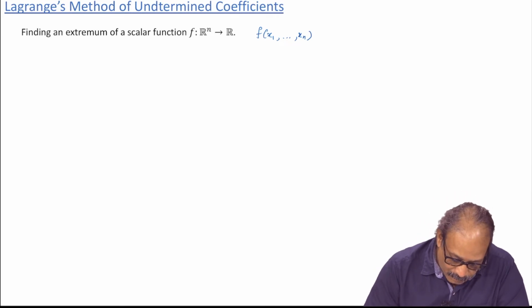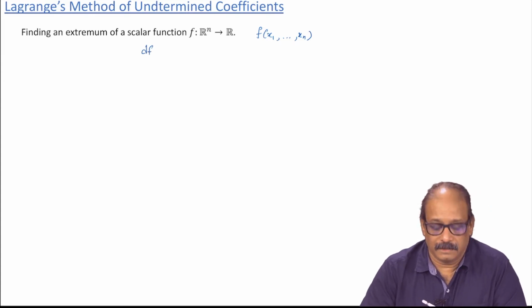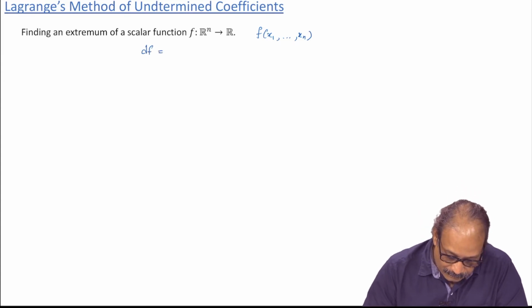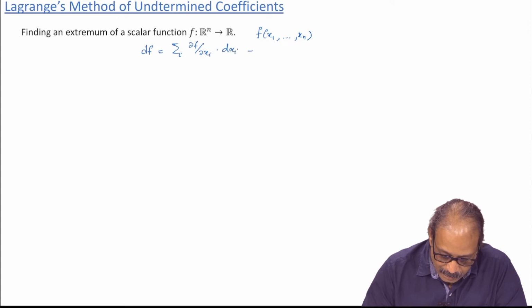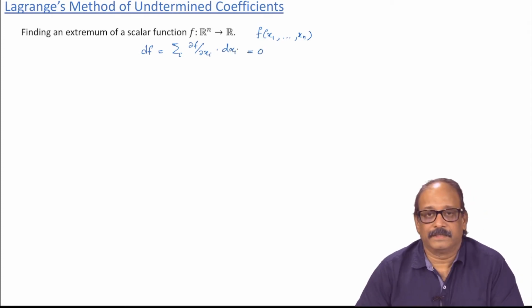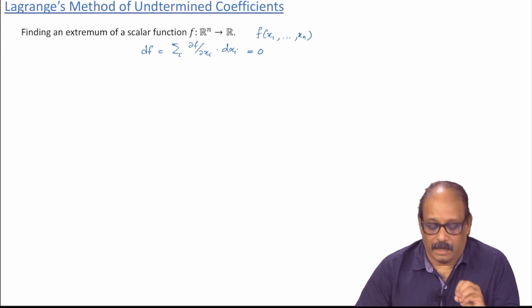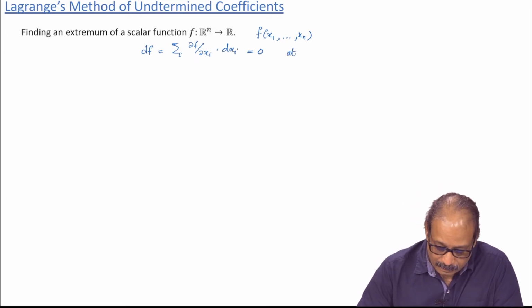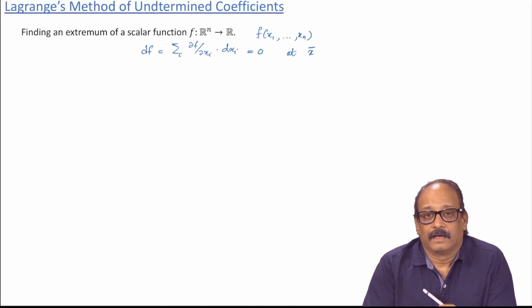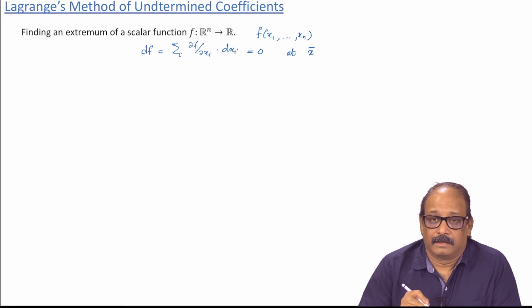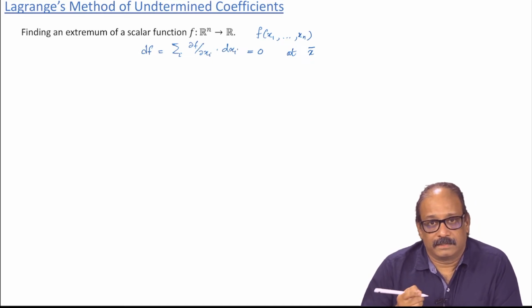So, what we are looking for is this: the change in the function will be given by the sum over i of del f over del xi into dxi, and this must be 0 at some point x bar, then the x bar point is a stationary point.